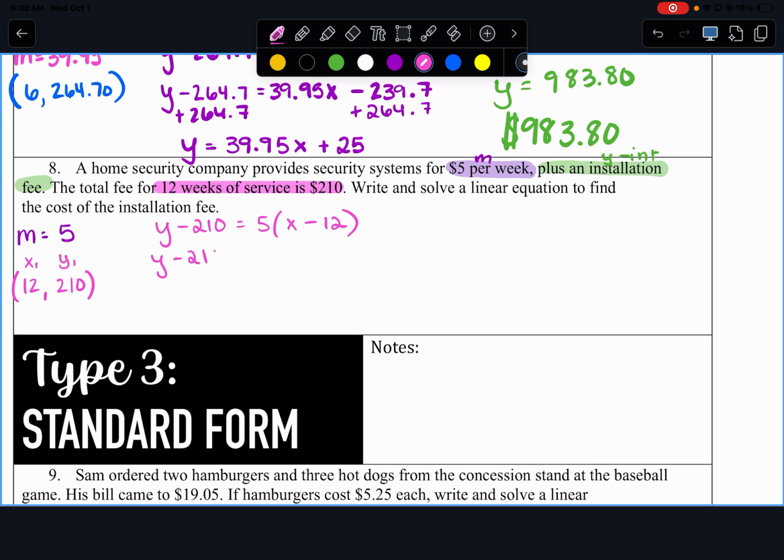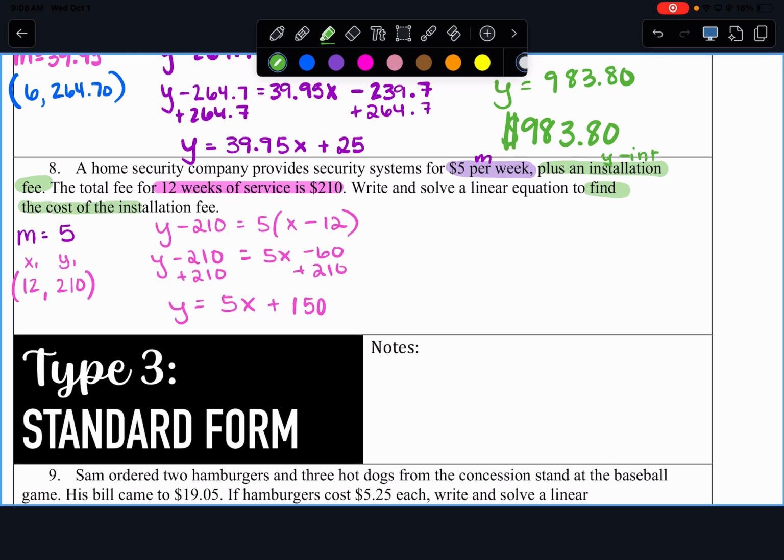I think so, yes. Is negative 60 plus 210 negative 150? Positive 150? Positive, because 210 is bigger. Oh, because 210 is bigger. Mm-hmm. 210 is a bigger number.